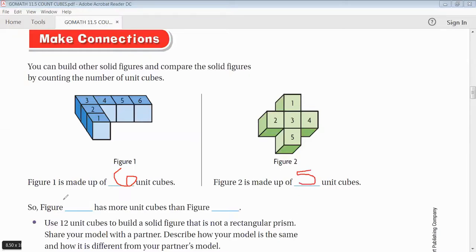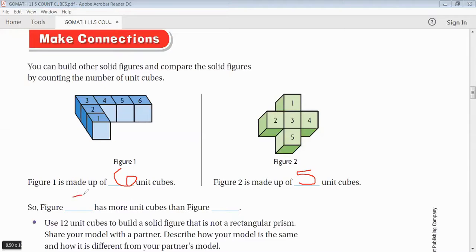So we have to decide what numbers we're going to put to complete this sentence. It says, so figure blank has more unit cubes than figure blank. Which one had the greater number of unit cubes? Excellent, figure 1.